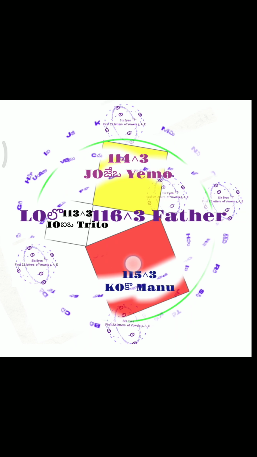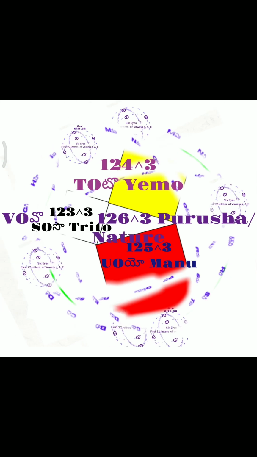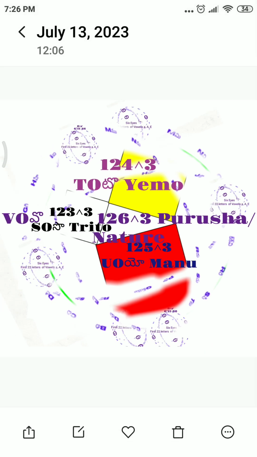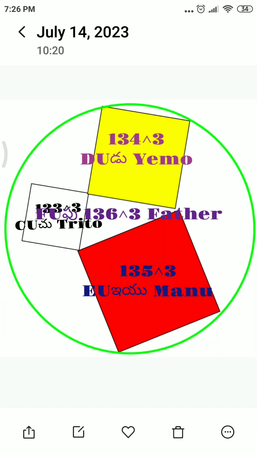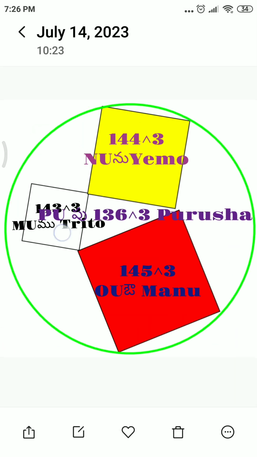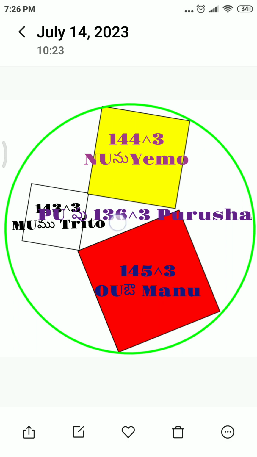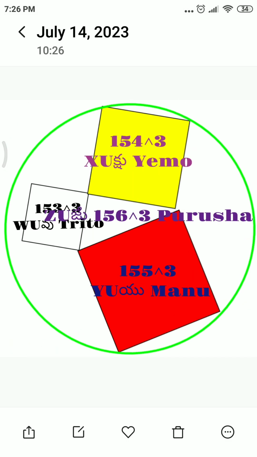And here you have 113, 114, 115 giving 116, 123, 124, 125 giving 126, 133, 134, 135 giving 136, 143, 144, 145 giving 146. This should have been 146 here. 153, 154, 155 giving 156. So the core concept will remain same.